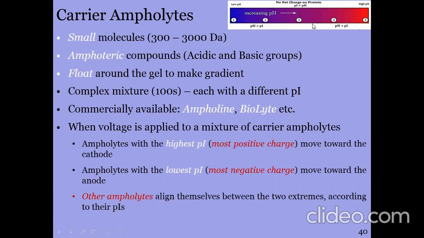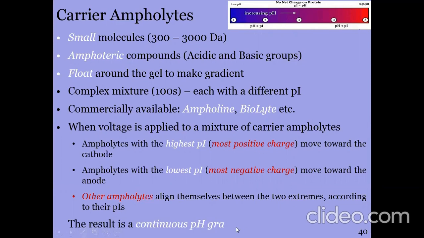So the extremes, the highest pI, they will have most positive charge, so they will move towards the cathode, and the lowest pI will move towards the anode. And other ampholytes will align themselves on this gradient based on their corresponding pIs.